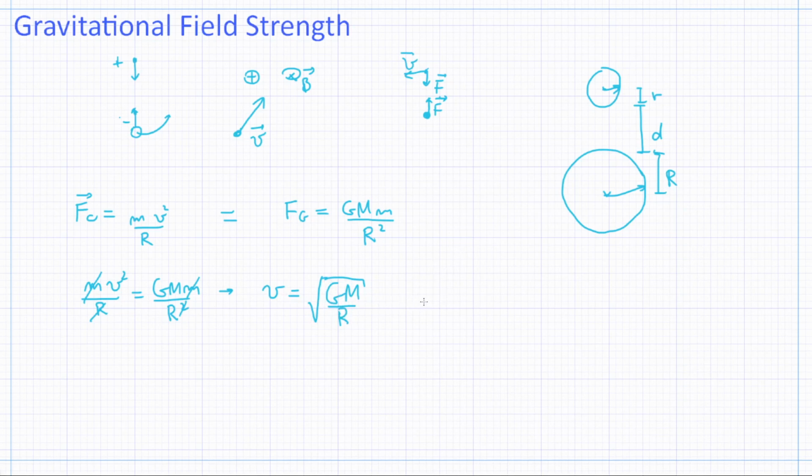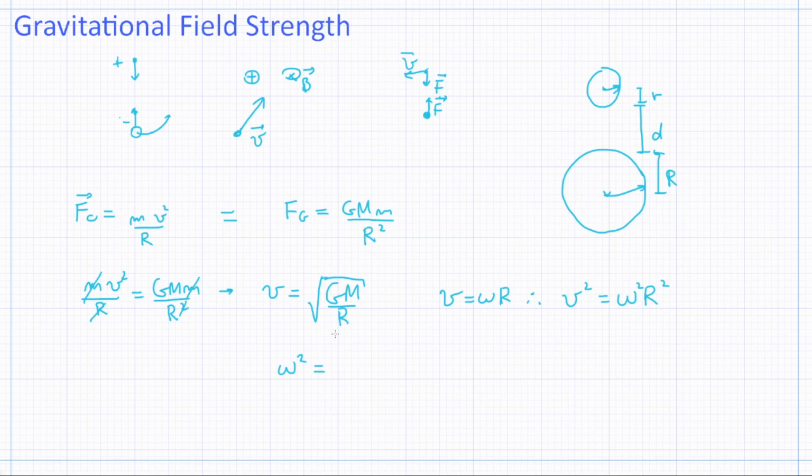Now, there's another interesting fact. We can get to Kepler's third law with this equation. If we notice, we may also use v equals omega r to get this in terms of omega. So if we square both sides, we get v squared equals omega squared r squared. And now I can just rearrange this in terms of omega.